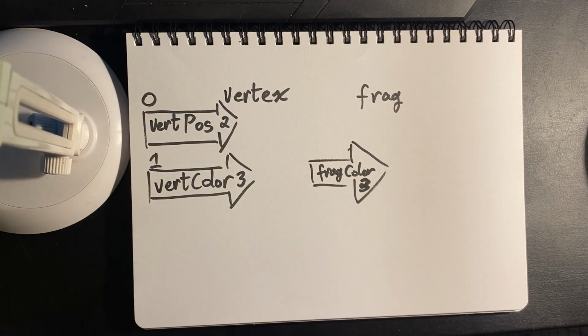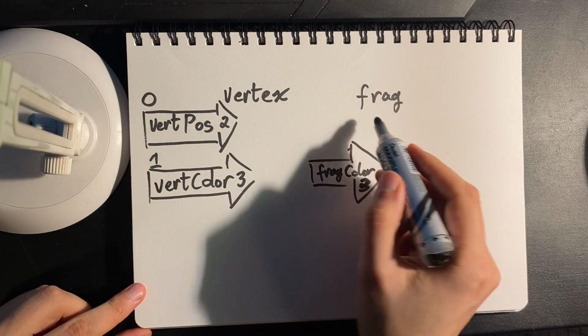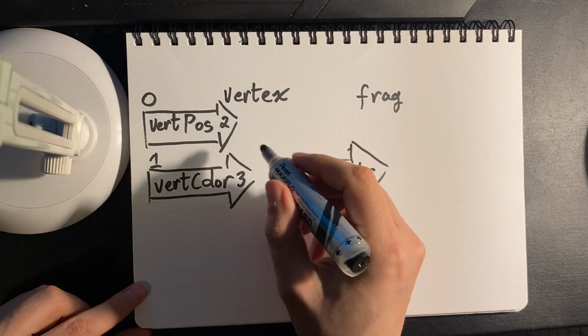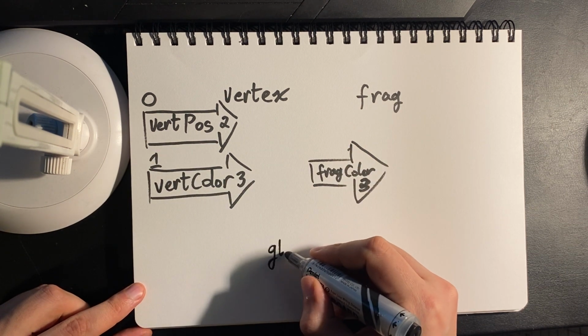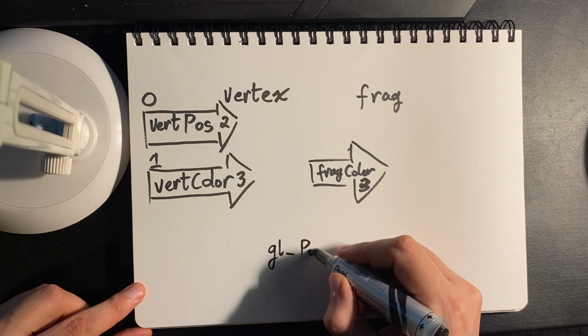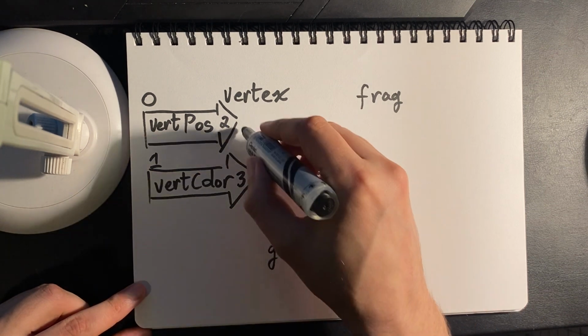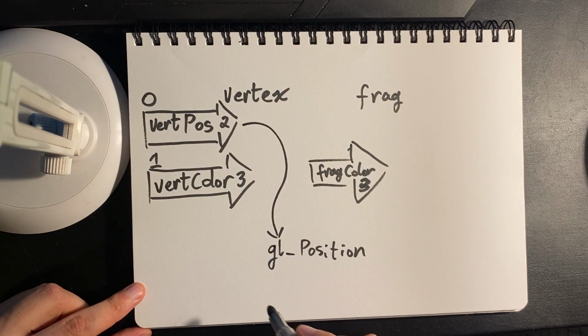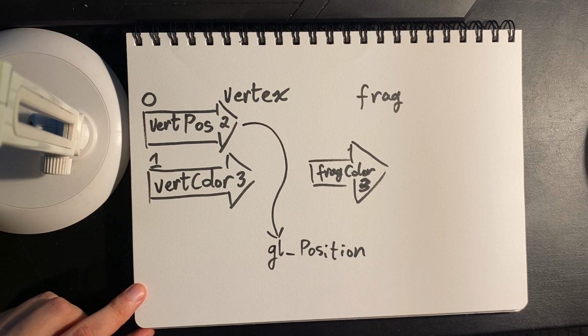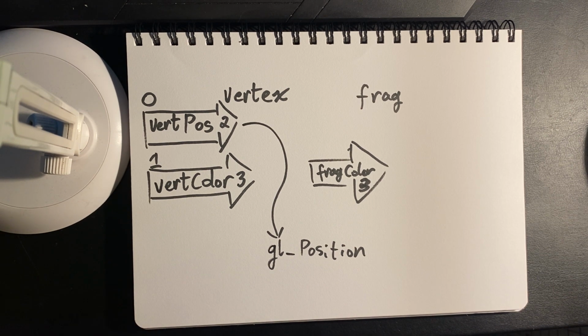Now what's going to happen with the vert position, this is a little funky. It doesn't get passed directly to the fragment shader, but instead it gets specified. There's a global variable called GL position. And if we set the value of GL position inside the vertex shader, that will be set as the position where the thing appears on the screen, and the rasterizer will read that just fine.